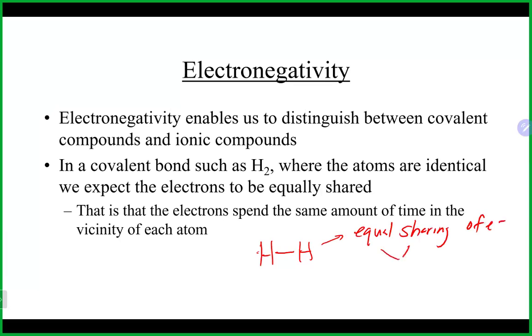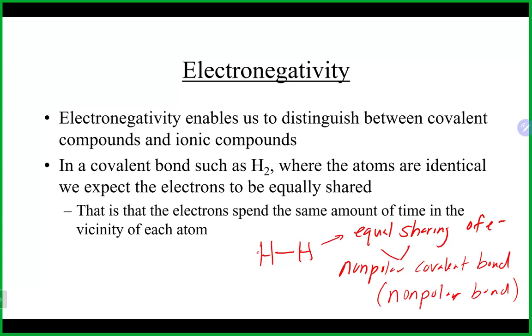And when we have a covalent bond that has equal sharing of electrons, that is what is sometimes referred to as a nonpolar covalent bond. Most people drop the covalent part and just call it a nonpolar bond. It's implied if you see nonpolar that you're talking about covalent bonding. So in a nonpolar covalent bond, we have basically equal sharing of electrons.